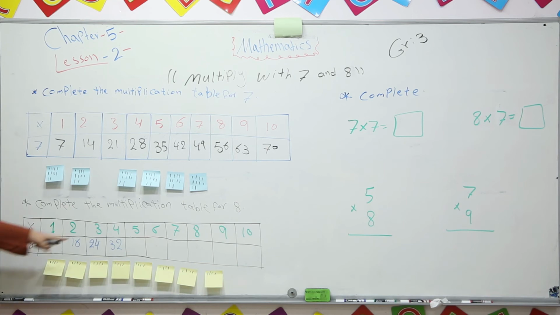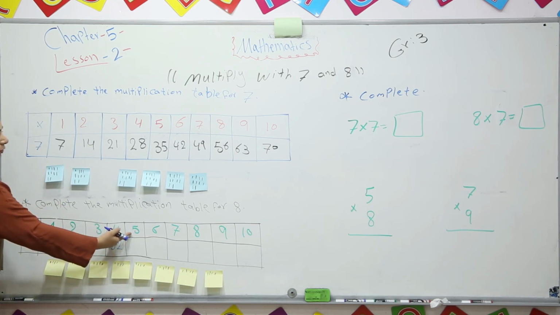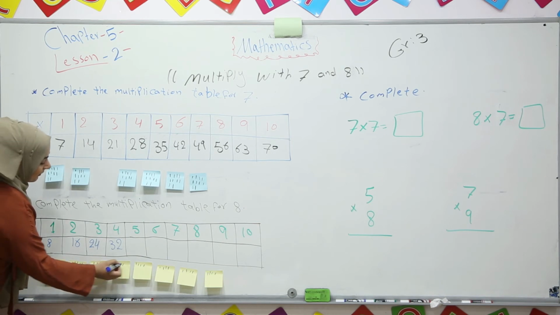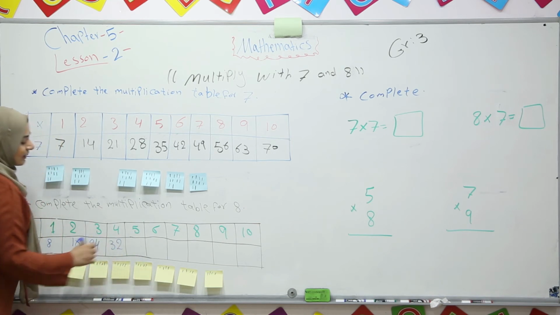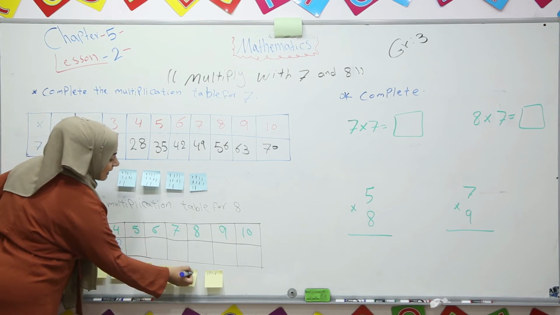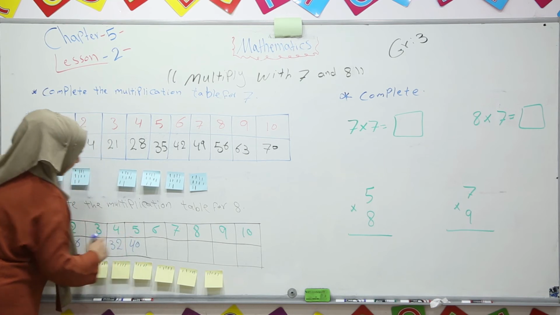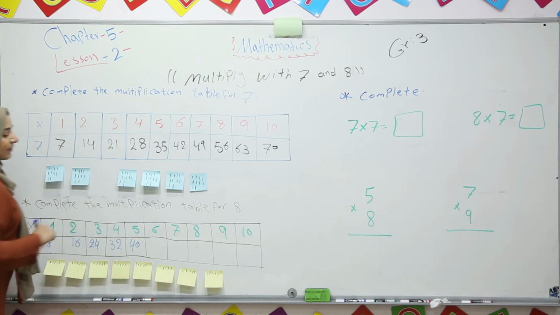This time we have 8 times by 5. We have 8 groups. Each group contains 5 objects, okay? 32, 33, 34, 35, 36, 37, 38, 39, 40. So it is 40.